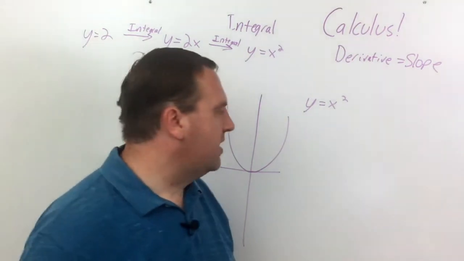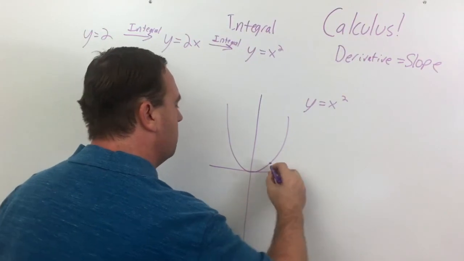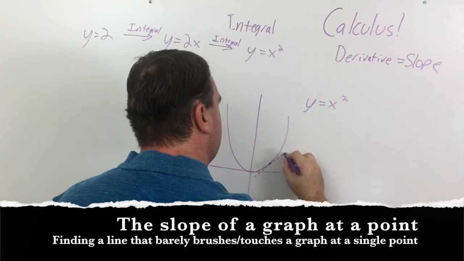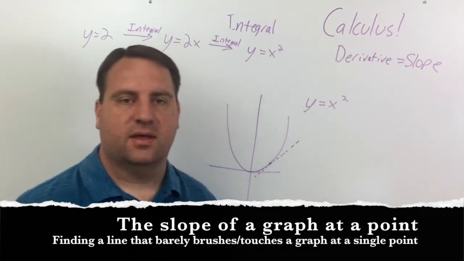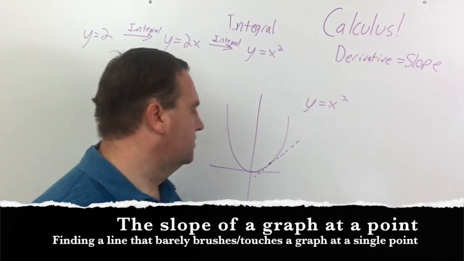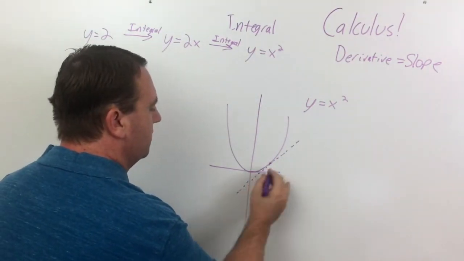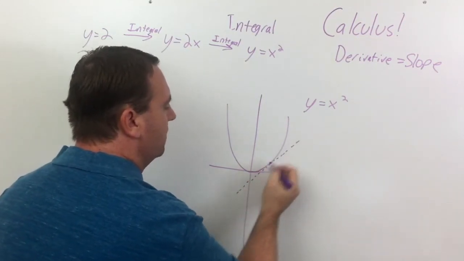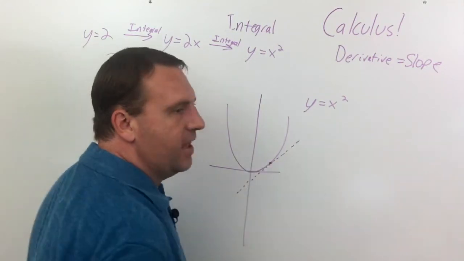Okay, well, the slope at a given point is what happens if you imagine a line that runs through there and it touches the graph at exactly that point. Okay, and so you'll have a line. If you have a line that goes through here, it'll touch it at exactly this point. The slope of the line is the slope of the curve at that point.